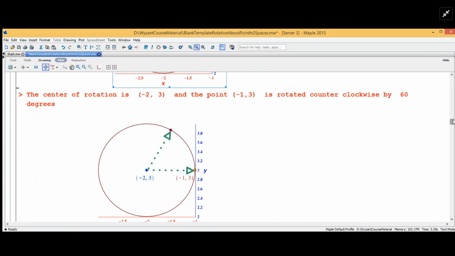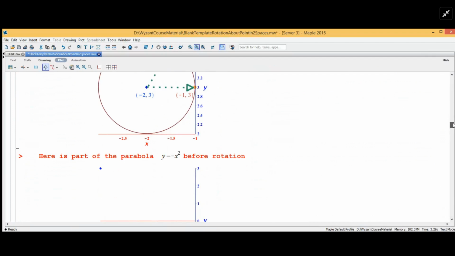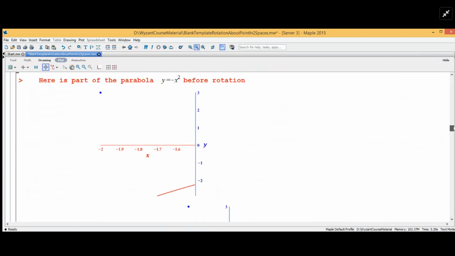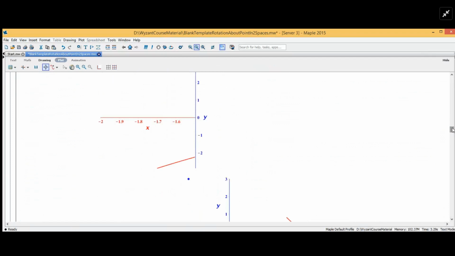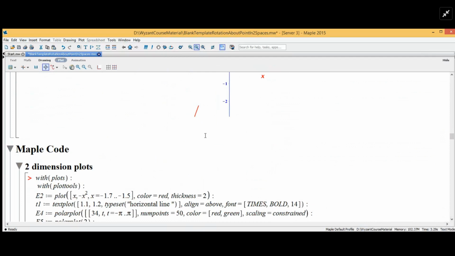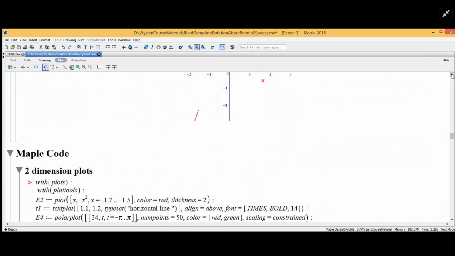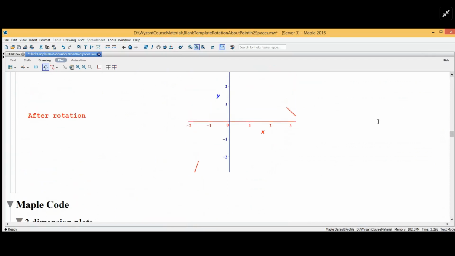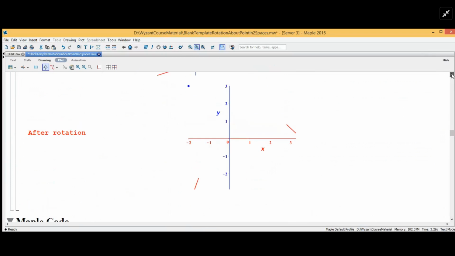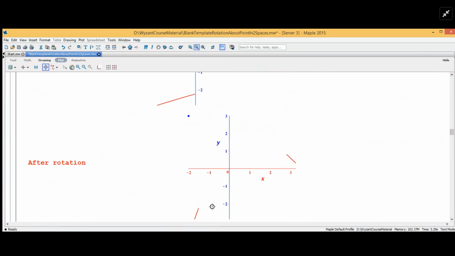Matrix multiplication makes it very powerful because not only can you rotate points, you can also rotate curves. Here's our point in question, (-2, 3), and here's part of the parabola, which, because it's so small, looks like a straight line. If we rotate that part of the parabola, we get this bigger picture of the result of rotating this part of the parabola to this.